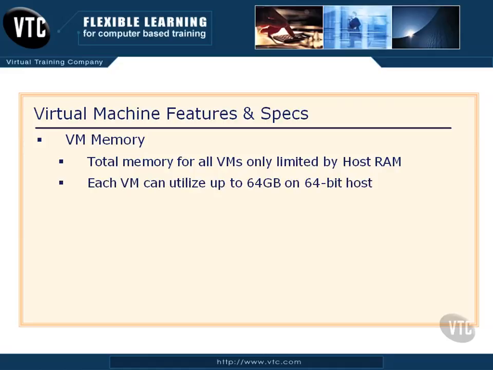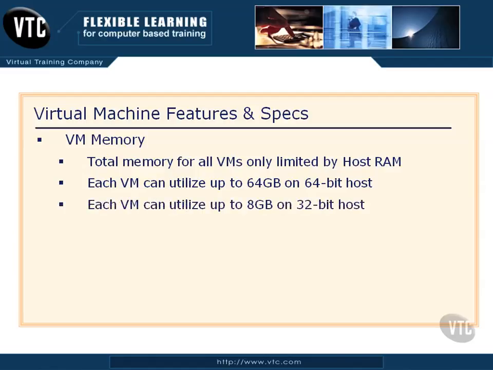Each virtual machine can utilize up to 64 gigabytes of memory on a 64-bit host. That's pretty cool. If I had 128 gigs on my machine, then theoretically I could put 50 or 60 gigs on each machine. You've always got to leave a little memory for the host system, or you're going to cannibalize it.